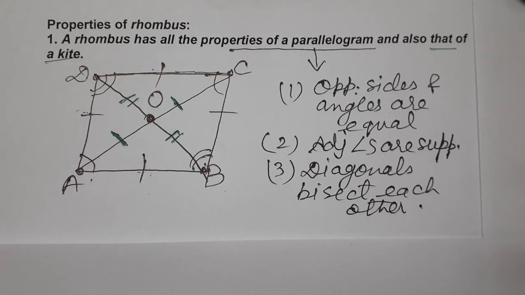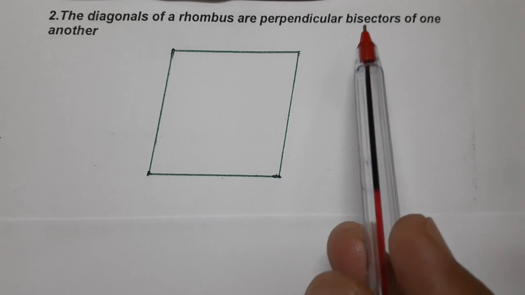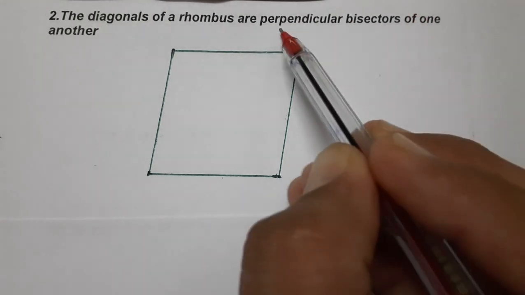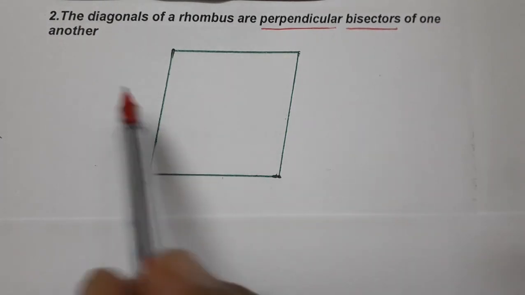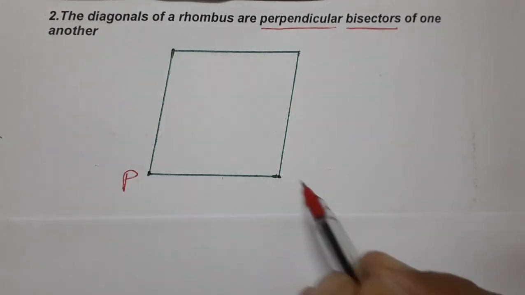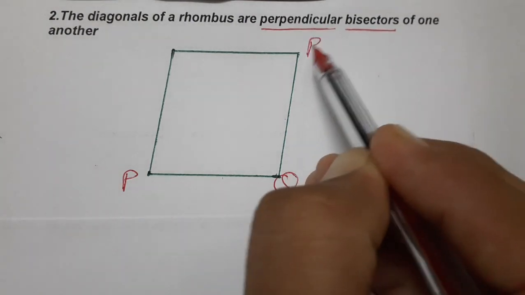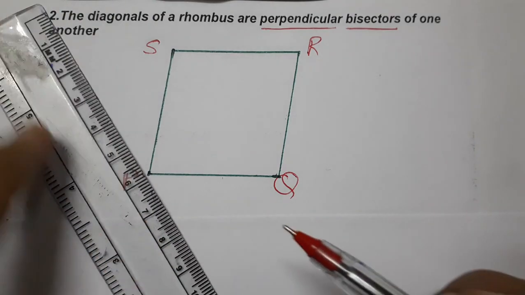Now comes the second property of rhombus. The diagonals of rhombus are perpendicular bisectors, perpendicular as well as bisector, both diagonals. So this is one rhombus I made. Let us name it PQRS. Now see children, let us make diagonals.